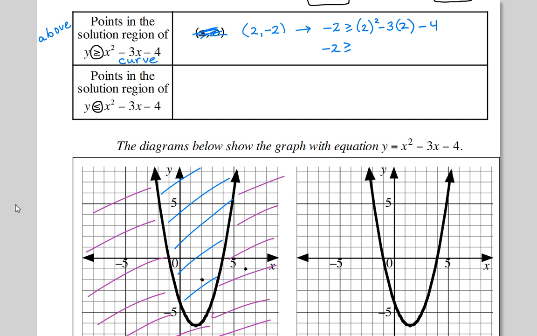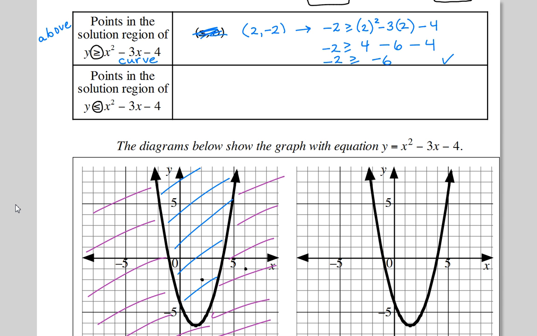Negative 2 is greater or equal to 4 minus 6 minus 4. Those 4's cancel and you get negative 2 greater or equal to negative 6. Is negative 2 greater or equal to negative 6? You say yes. I've shaded the correct region for above.